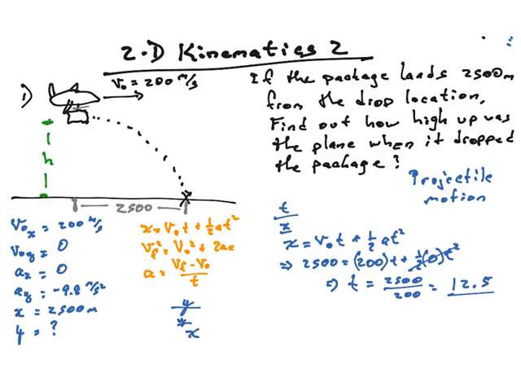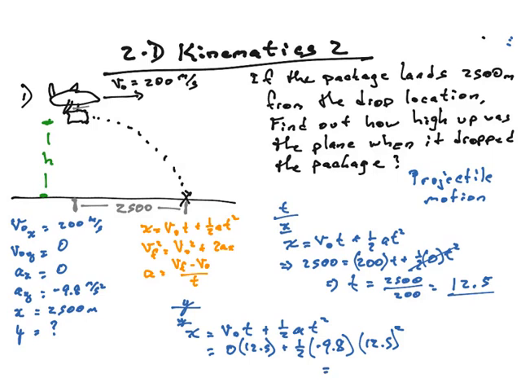I have the equation x equals v naught t plus 1/2 at squared. All right, I'm looking for distance. V naught in the y direction, 0 times 12.5 plus 1/2 acceleration, negative 9.8 in the y direction, and t is 12.5 squared.